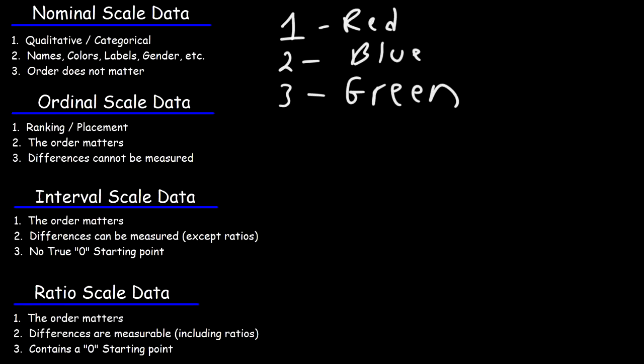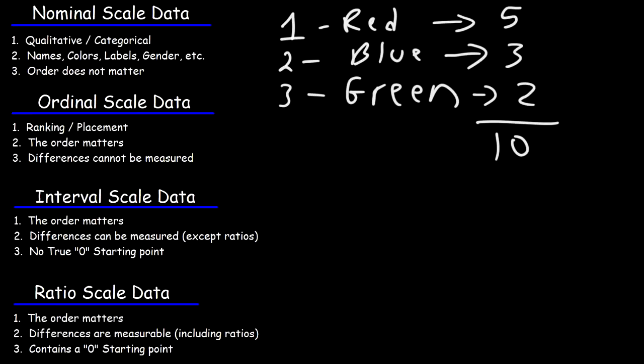However, the responses of people to these different colors, for example, can be used in calculation. Here is an example. Let's say we do a survey and we ask 10 individuals what's their favorite color. Let's say 5 chose red, 3 chose blue, and 2 chose green out of a total of 10. So in terms of percentages, out of that small survey, 50% preferred red, 30% preferred blue, 20% preferred green.